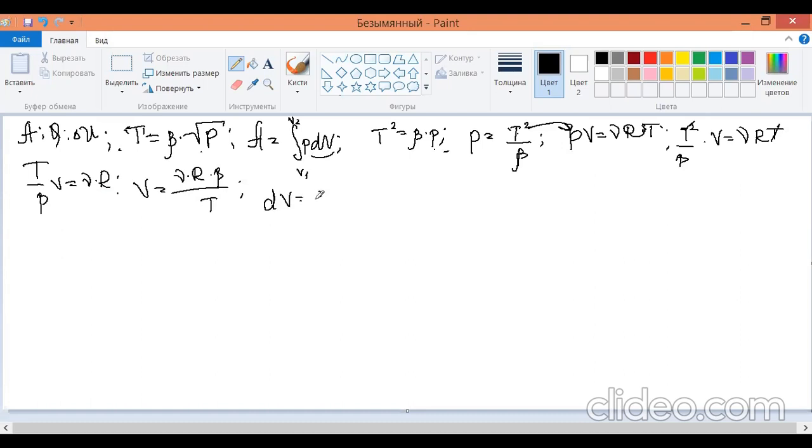So dV is equal to d of mu R T raised to minus 1. Okay, so mu and R are two constants, which enables us to put both of them before the differentiation.